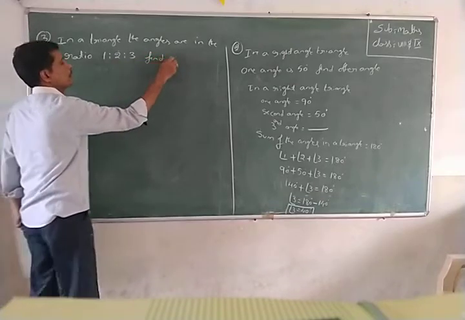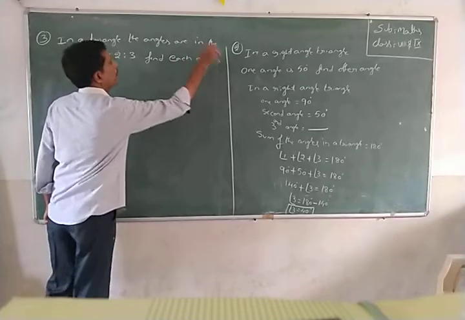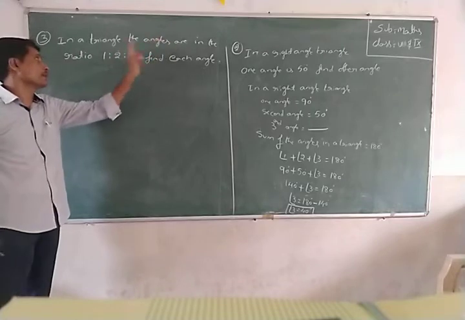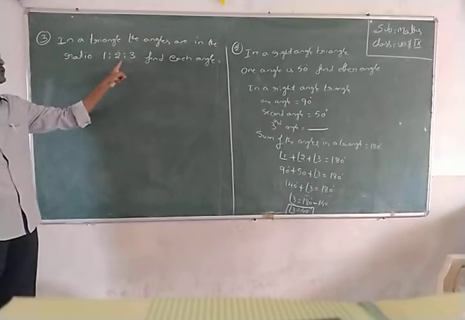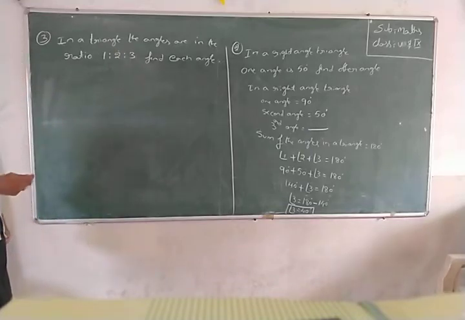Find each angle. Here in a triangle, the angles are in the ratio 1:2:3. Find each angle.